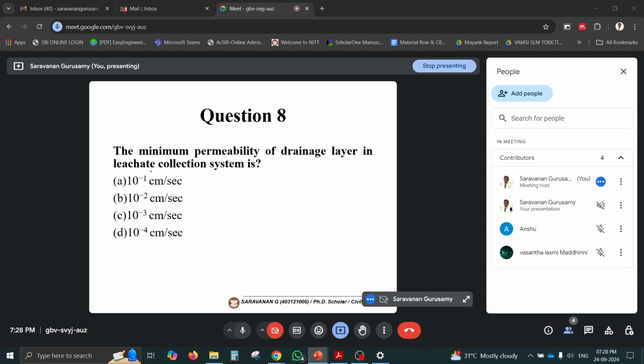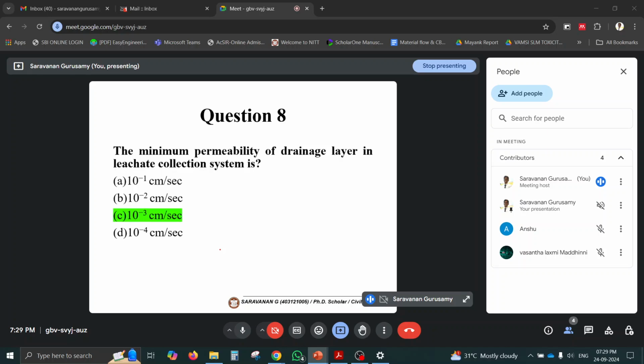Okay. Then the minimum permeability of the drainage layer in the leachate collection system: around 10 power minus 1 centimeter per second, 10 power minus 2, 10 power minus 3, 10 power minus 4 centimeter per second.